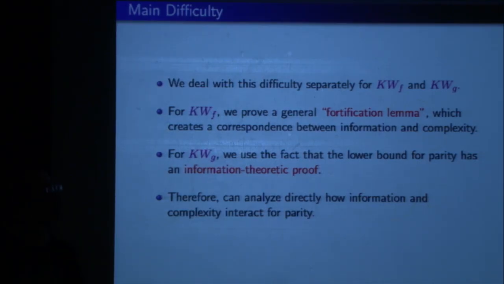But the problem, and this is the difficulty in general with KW relations, as I said earlier, is that we don't have hard distributions in general for KW relations. So it's very difficult to say something about the external information cost or the internal information cost because we can't define them with respect to any particular distribution.